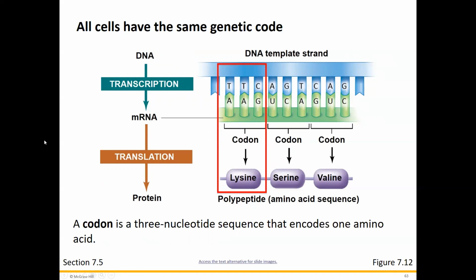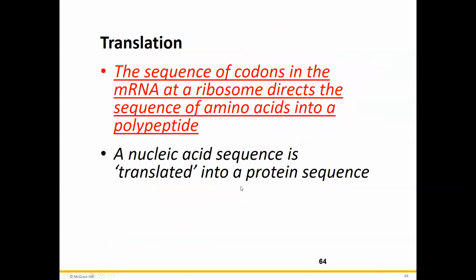So we have a codon that's going to consist of a 3 nucleotide sequence, and it's going to encode 1 amino acid. And that's what they're showing, 3 letters, complements to the DNA. We're going to refer to this little portion as a codon, and that codon is going to code for 1 amino acid. Now, I can't emphasize this enough.